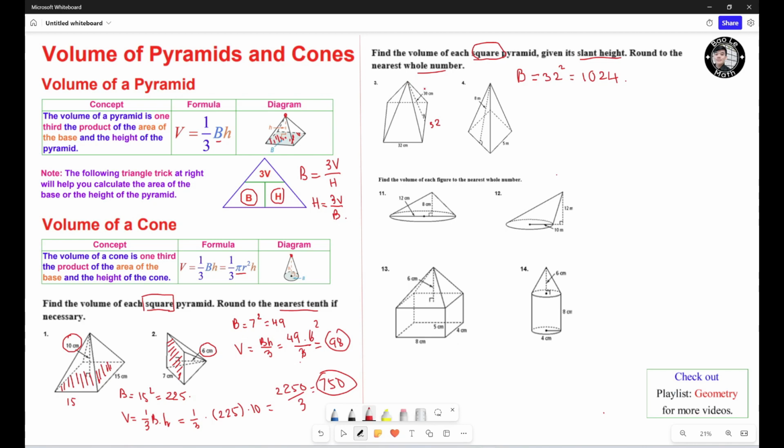Because the slant height is given, this is the slant height, you cannot use this one. You must use the height of the pyramid. So you're going to construct the height of the pyramid. It's going to be right here. Alright, and construct this one right here. So we have the right triangle right here. Because this is 32, this guy is 16. The distance from here to here is going to be 16.